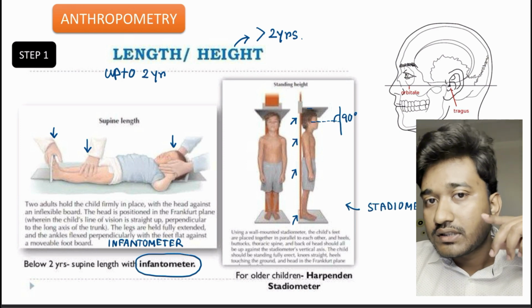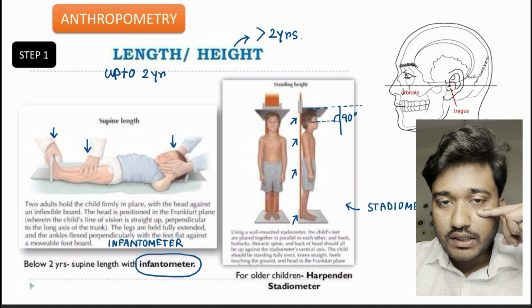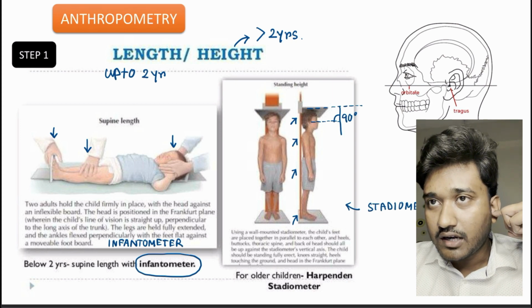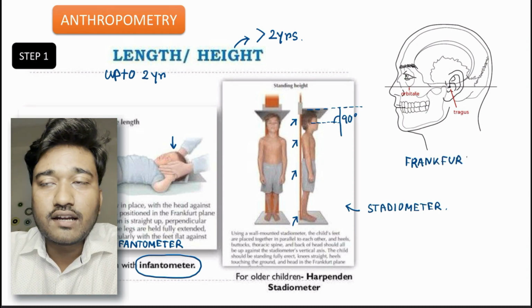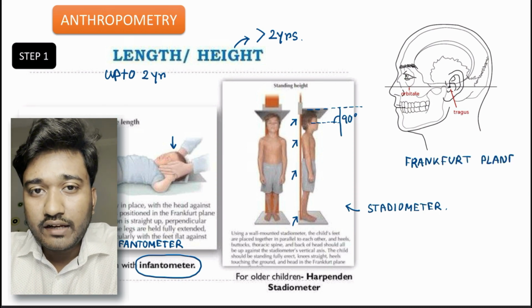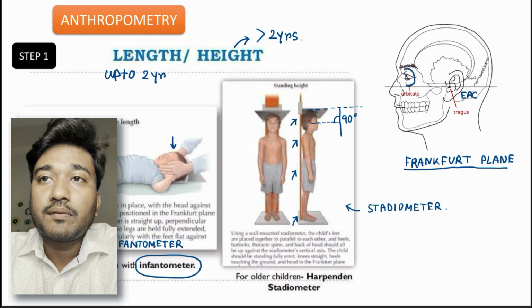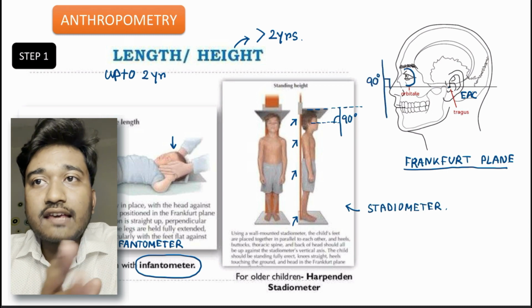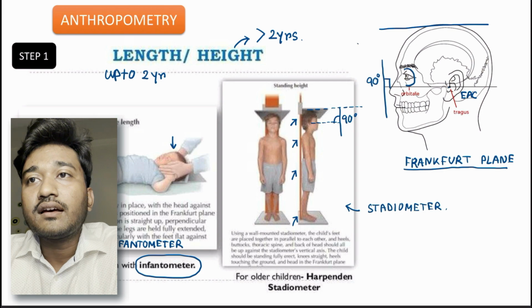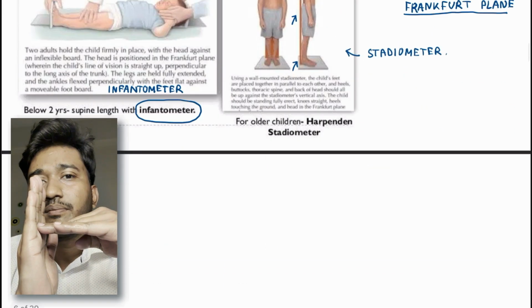The Frankfurt's line is the straight line between the lower portion of the orbit and the external auditory canal, that is the tragus. This plane should be parallel to the line which is present above the child's head, as well as perpendicular, at 90 degrees. You can see the picture very well.